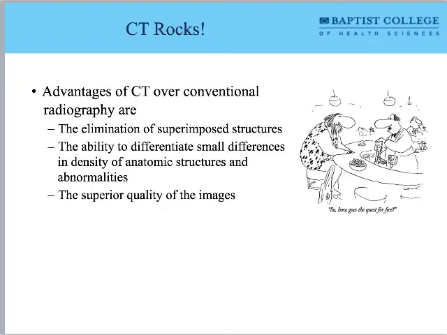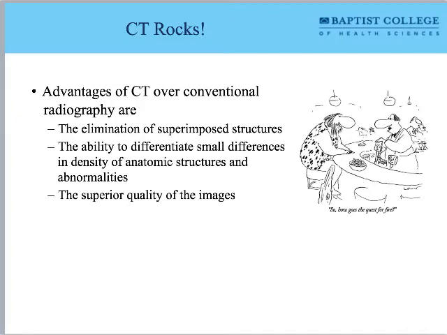The textbook starts off doing a little bit of bragging about why CT is better than conventional radiography. And that's great. One of the things that it does differently from conventional radiography is it gets rid of superimposed structures. So in conventional radiography, when I'm taking a chest X-ray, I see ribs superimposing the heart.